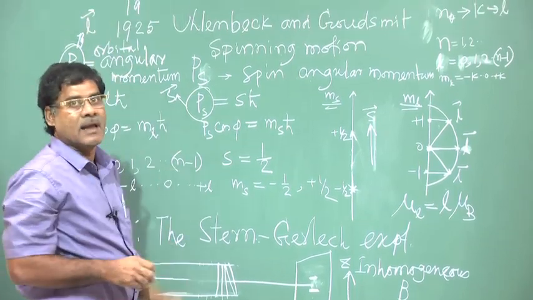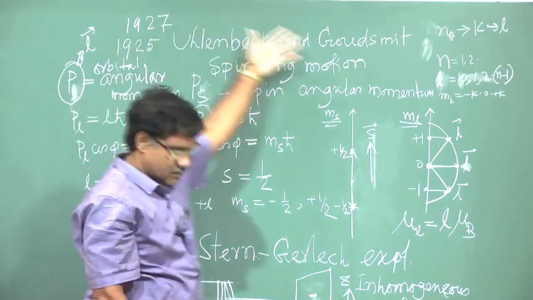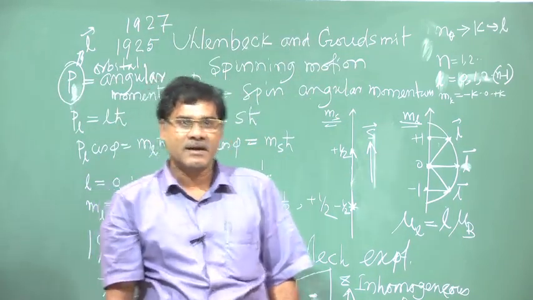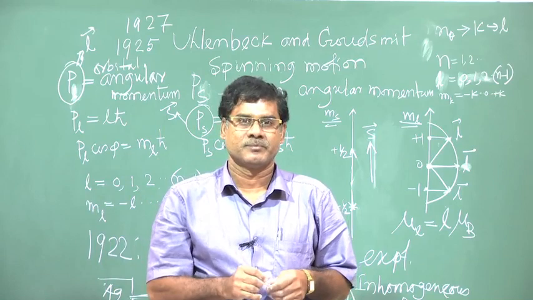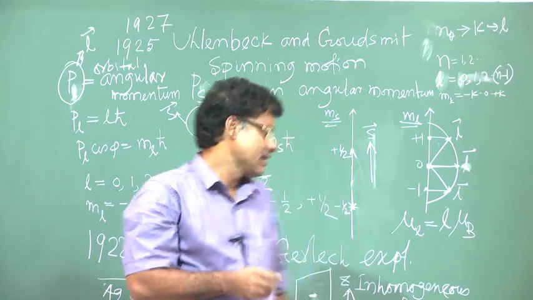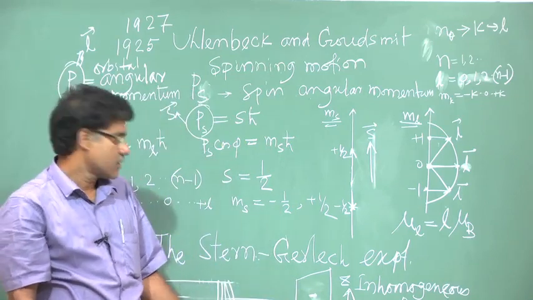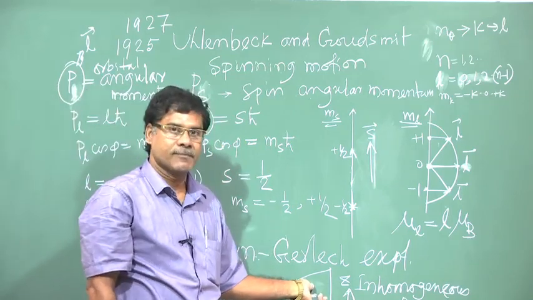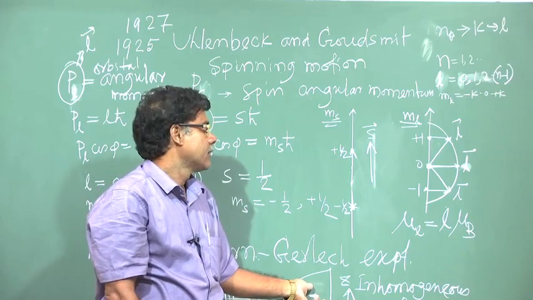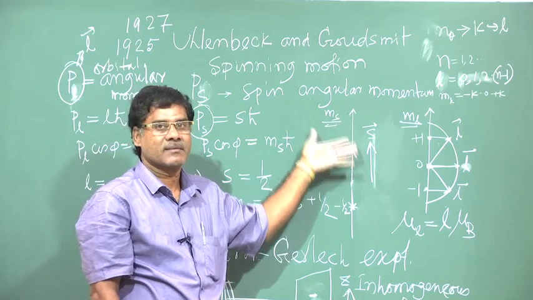Okay, in 1927, I forgot the names of the two scientists, they explained that these two spots we are getting are because of spin, for ms equal to plus half and minus half.